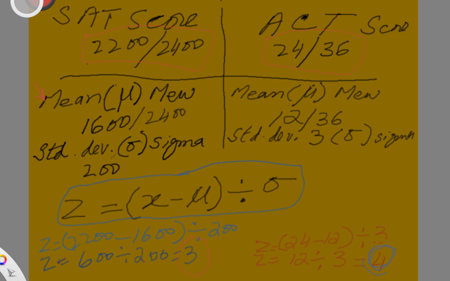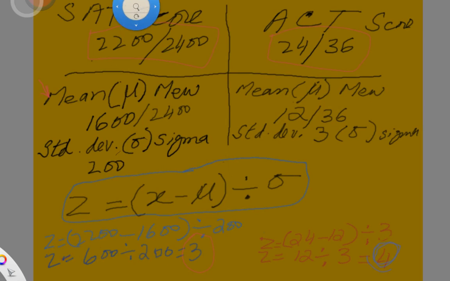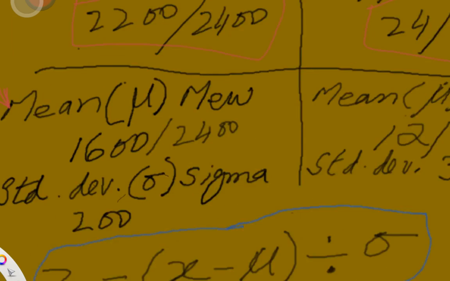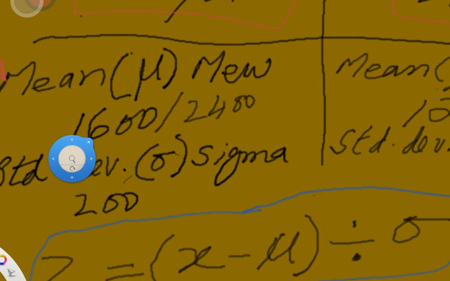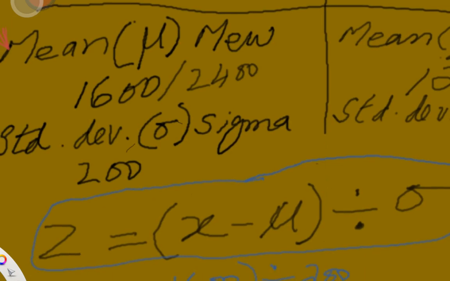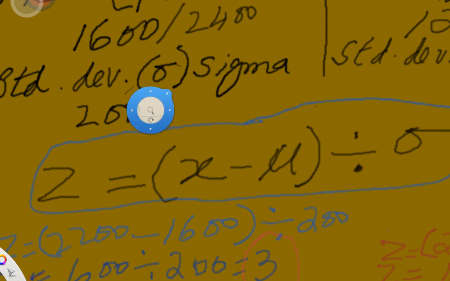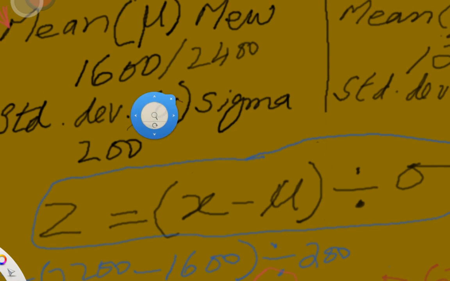This is the average that they come up with. This is the mean for SAT score. Now, this is the mean with the standard deviation of 200 score points. So we have a mean of 1600 with a standard deviation of 200.